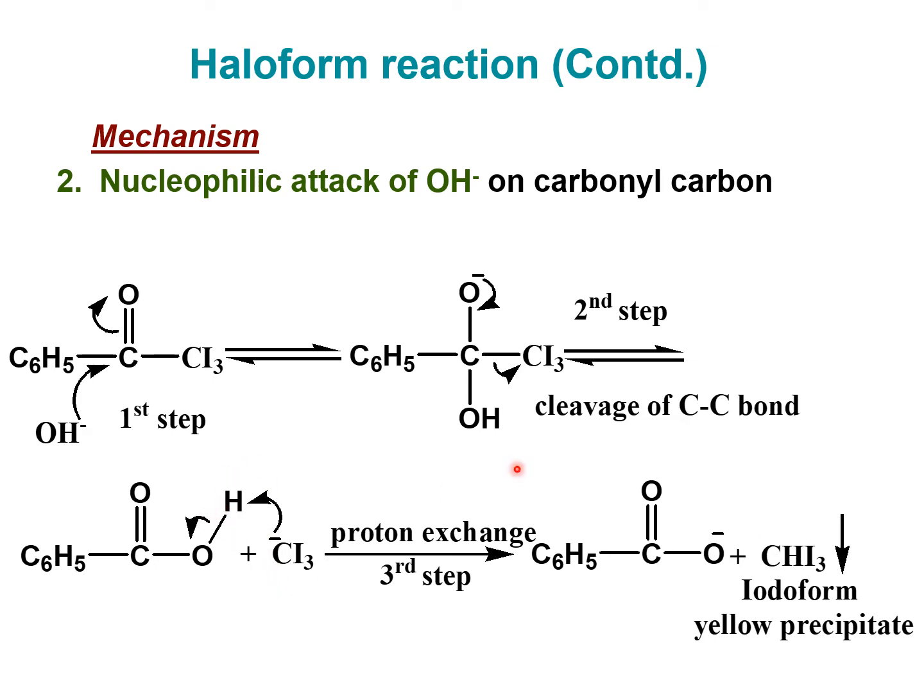So a proton exchange takes place, giving the haloform, which, if your halogen is an iodine, is called iodoform, and we have all seen the yellow precipitate of the iodoform in the lab, together with the sodium salt of the acid.